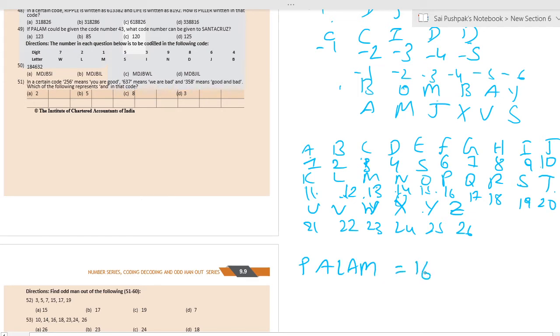So what is P? 16. And A is 1. What is L? L is 12. And A is 1. What is M? 13. Just check whether it is 43 or not. 16 plus 1 is 17, 17 plus 12 is 29, 30, and 30 plus 13 is 43.